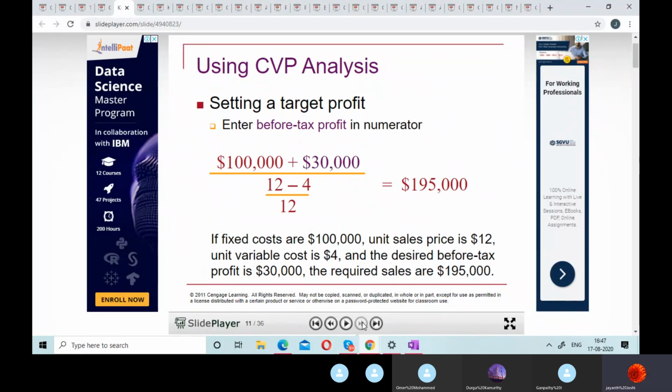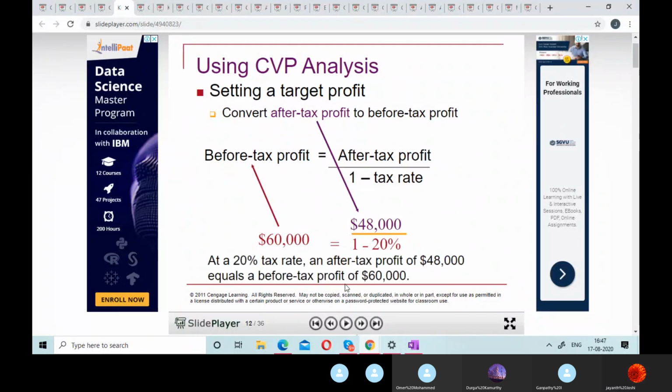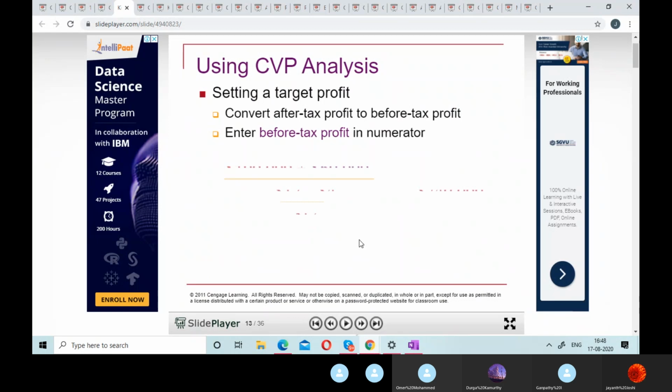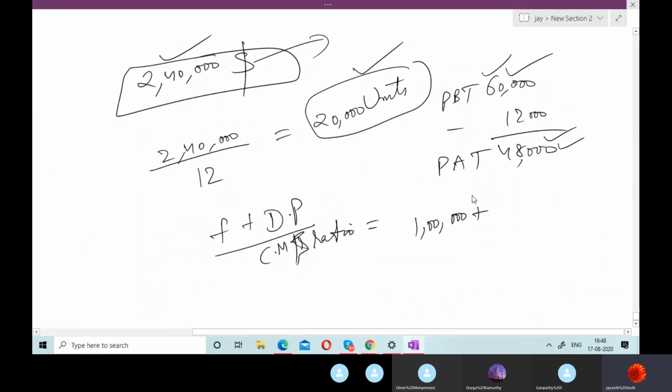$30,000. No, this was a different question, I think. Yeah. So this is what it was done. 2,40,000. So now we need it in units. So 1 lakh was your fixed cost, 60,000 was your desired profit.